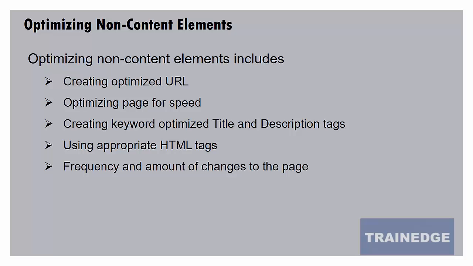So it is important to keep the page updated, and Google looks at the update date to figure out if the content is fresh or not. We also need to validate HTML code on the page. A page with bad code is likely to rank lower.